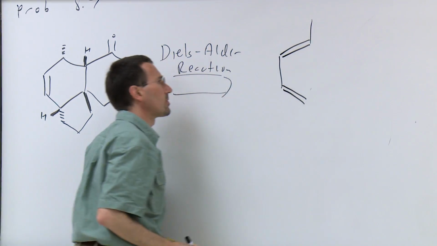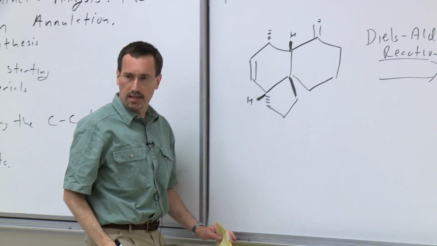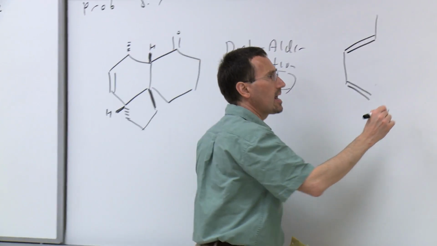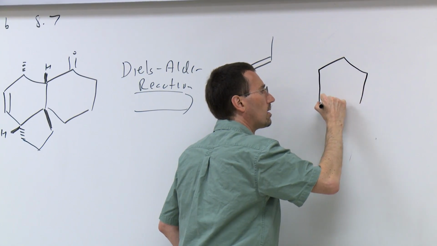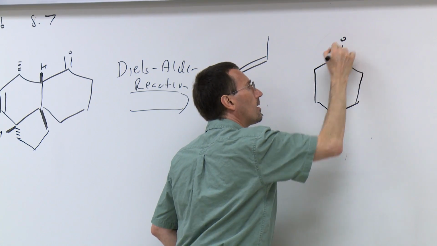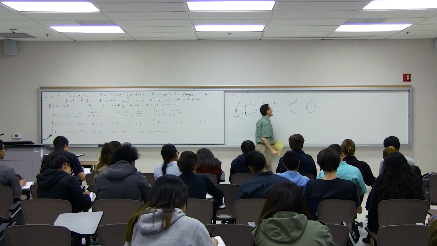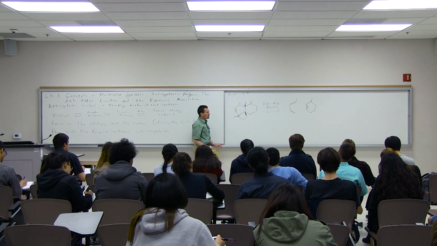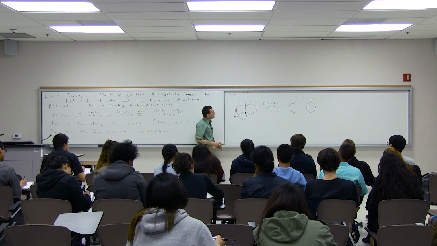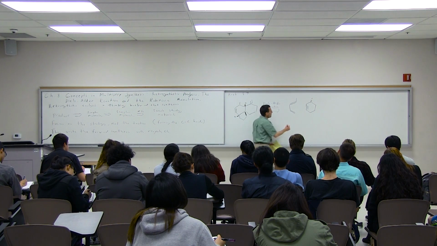In a Diels-Alder reaction, a diene and a dienophile come together to form a 6-membered ring. And that's the 6-membered ring that we have over here.